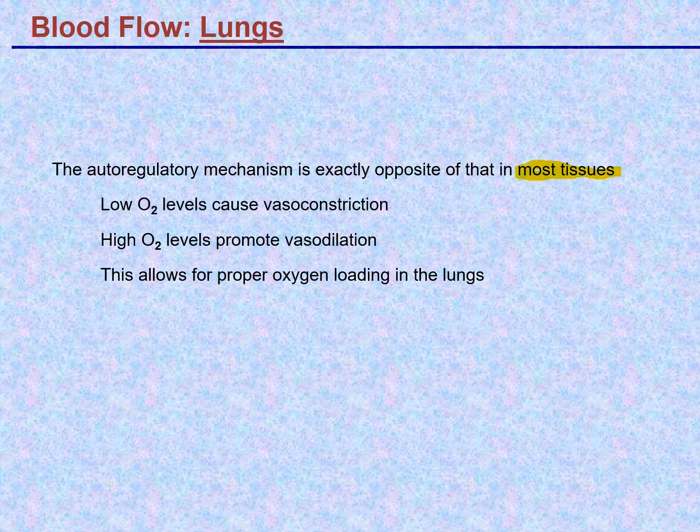It'll go instead to the higher, well ventilated areas, so areas of the lungs that have a lot of oxygen. That triggers vasodilation and more blood flows to that. In this way, it guarantees proper oxygen loading of the blood in the lungs, because the blood is going to flow more to areas that get more flow of air. In other words, better oxygen.